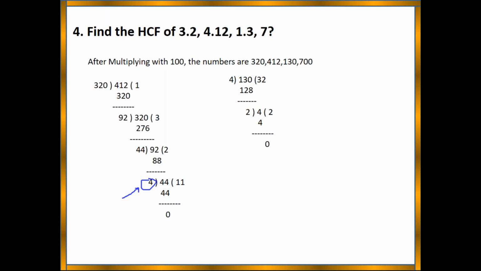We have the fourth number, 700. 2 divides 700 directly, 350 times. The answer is 2.